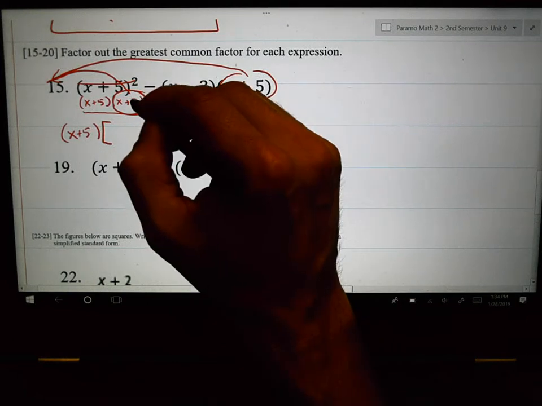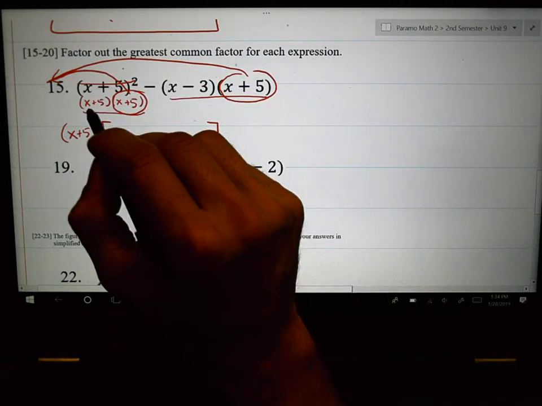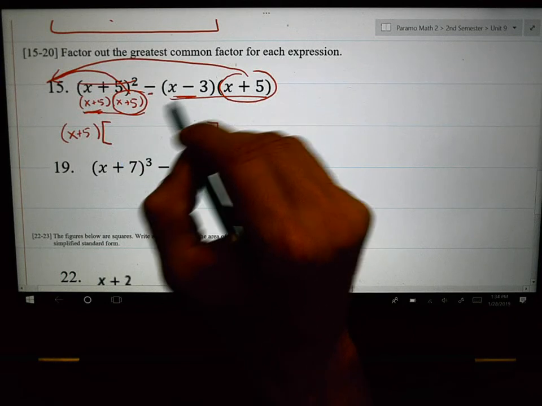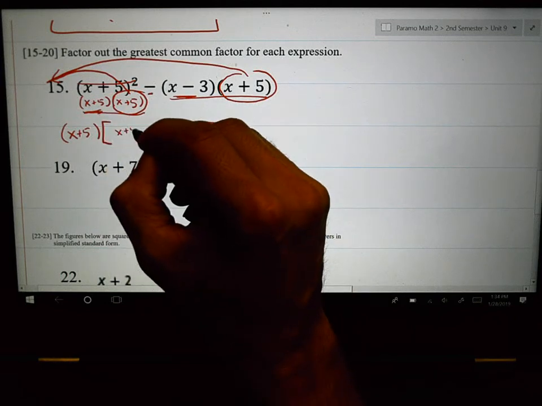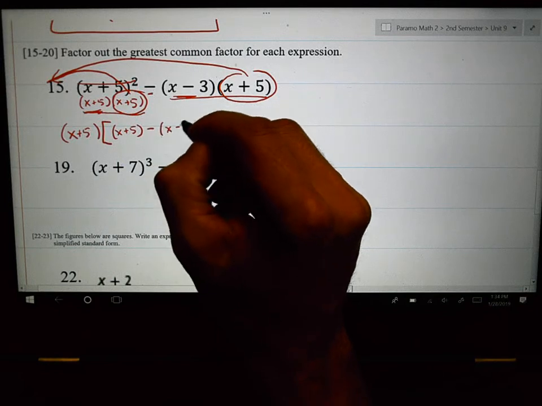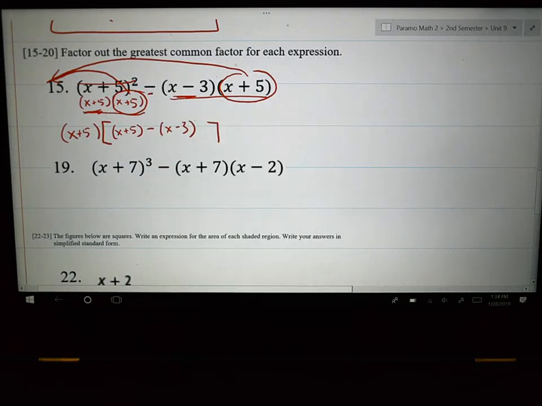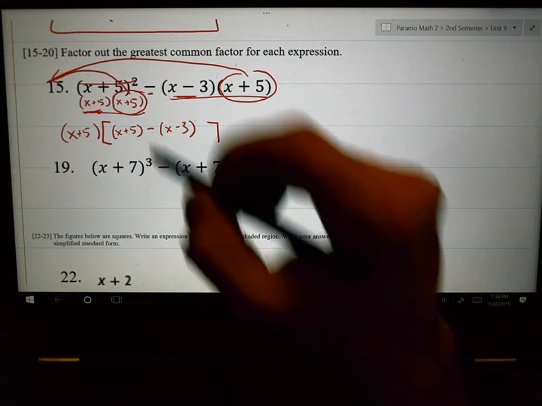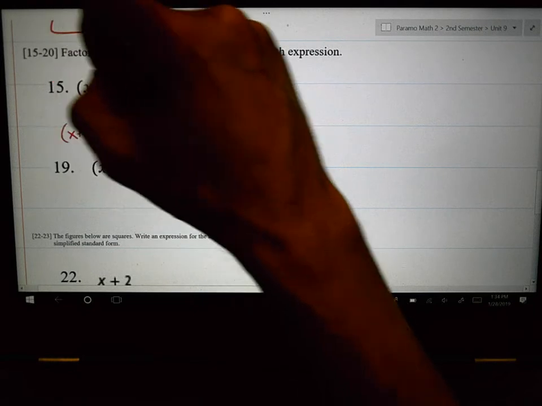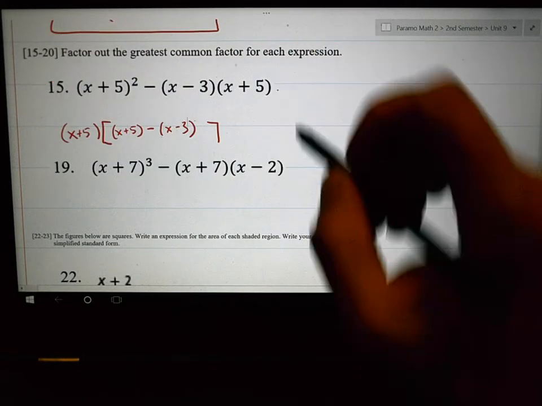If this popped out and this popped out, what would be left behind would be this guy, and this guy. x plus 5 minus x minus 3. Now I know that might look like it's a crazy answer. It kind of is. Let me erase all this. But let's look at it one more time.